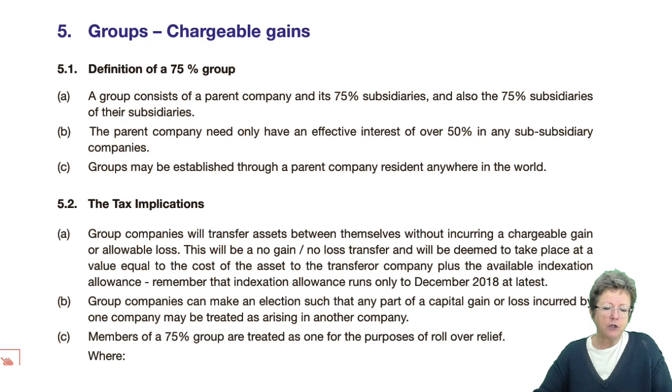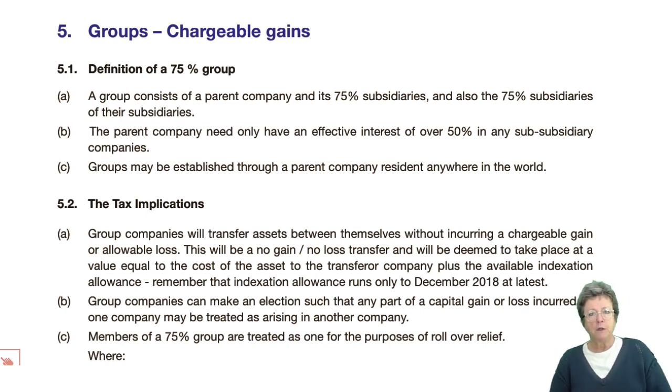Now, we've looked earlier at losses and the rules for loss-making groups, 70% direct and 75% indirect, and we looked at that example with Z and A and B and C. Okay. Gains are slightly different.